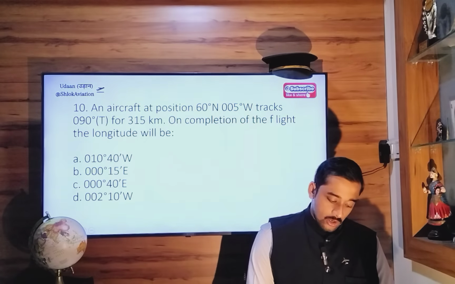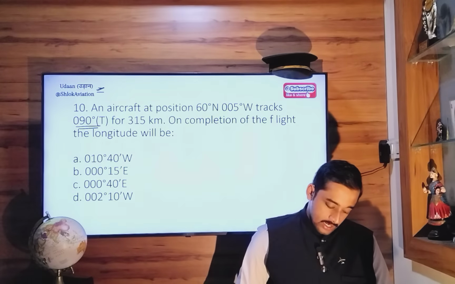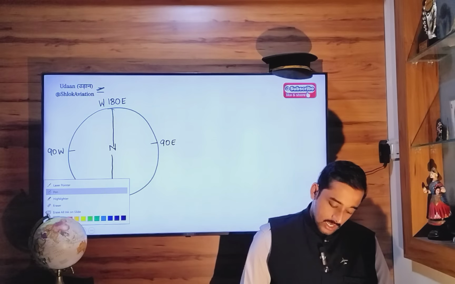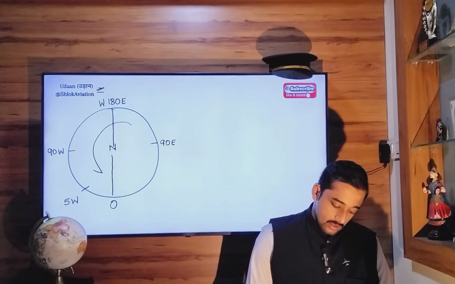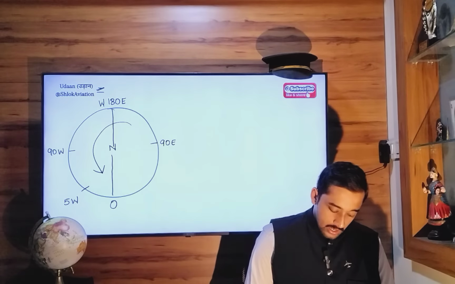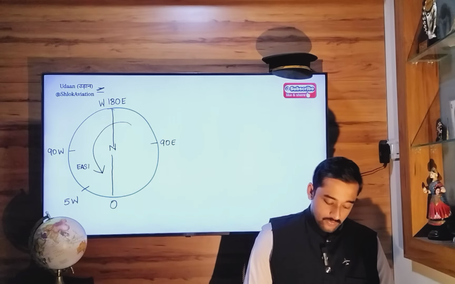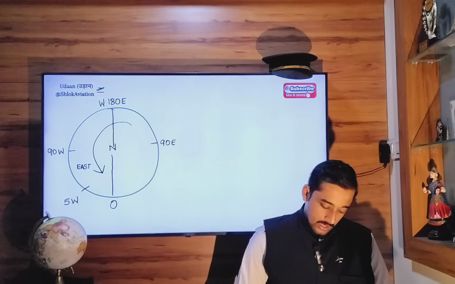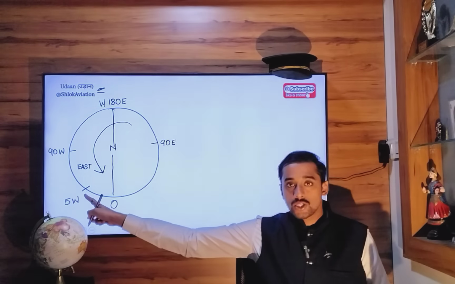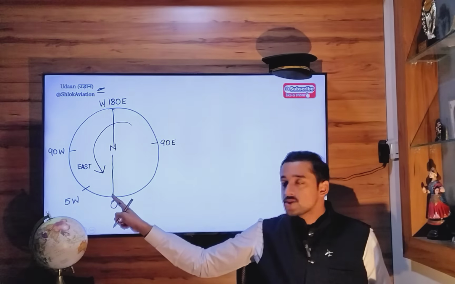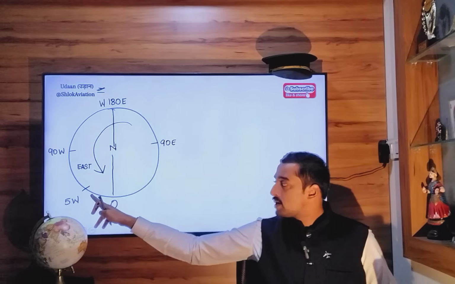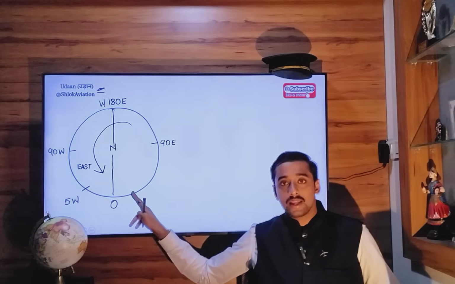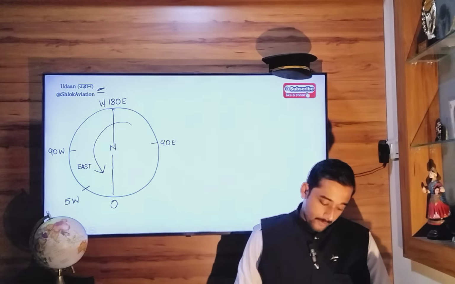You fly 090, that is you're flying in an easterly direction. All easterly directions are anti-clockwise. Remember this. So that means this is your initial position, you're flying anti-clockwise. So your new position will be somewhere here, or altogether in the next hemisphere, the eastern hemisphere.